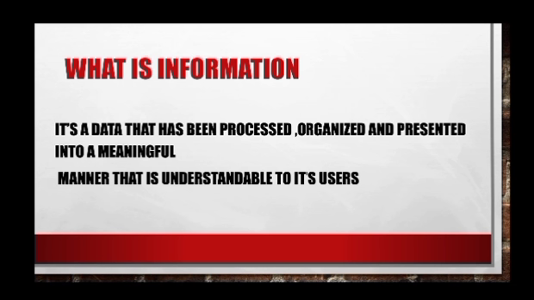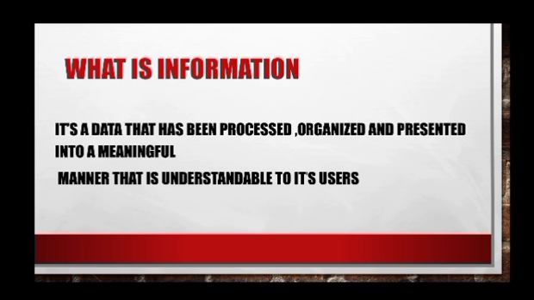So what is information? It is data. As we have defined, data is raw facts and figures that have not been processed. Now when the data gets processed, it is organized and presented in a meaningful manner that is understandable to its users.